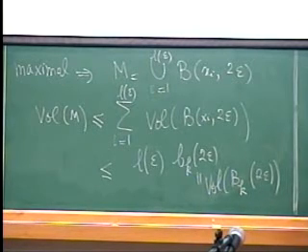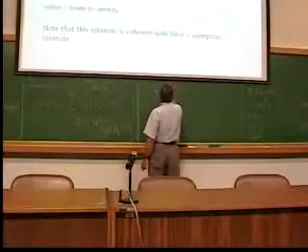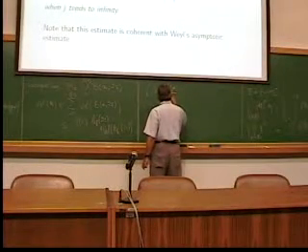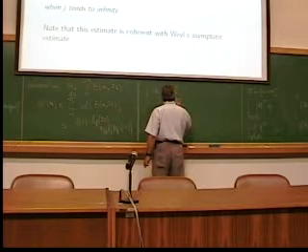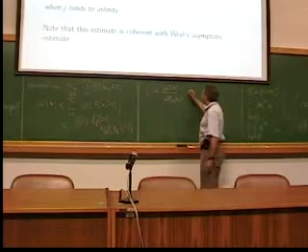Okay? So now what I claim, you say, so if I take a J like this, so J less than or equal to volume of M divided by the volume of B_k of 2 epsilon, so this will be less than L epsilon.